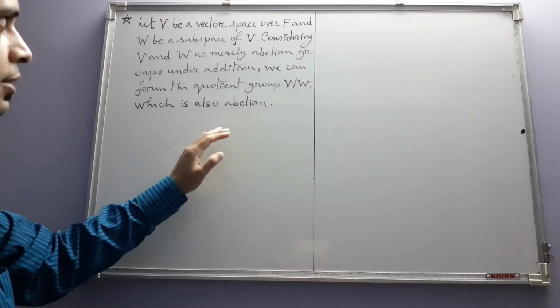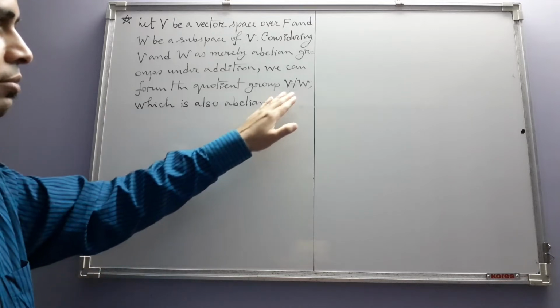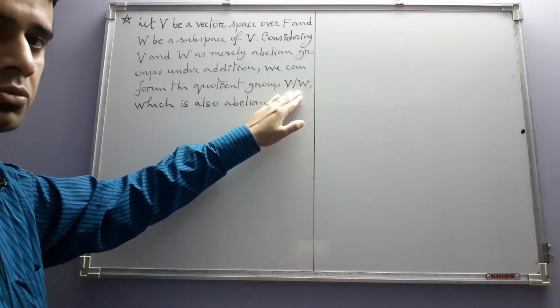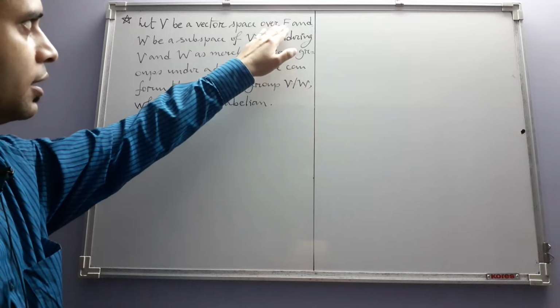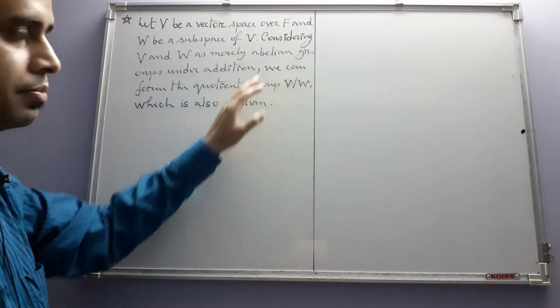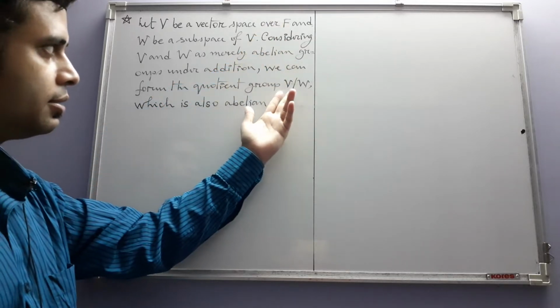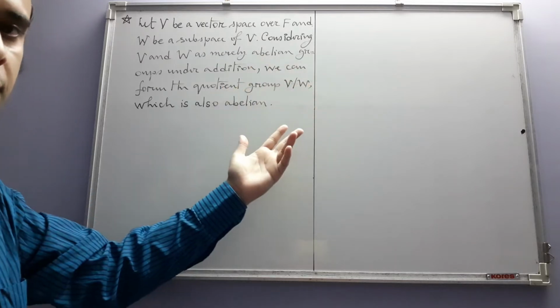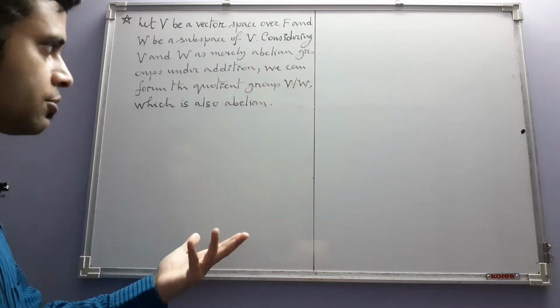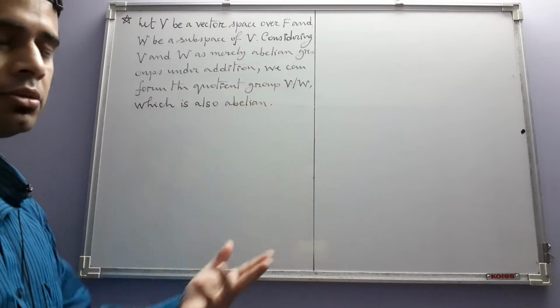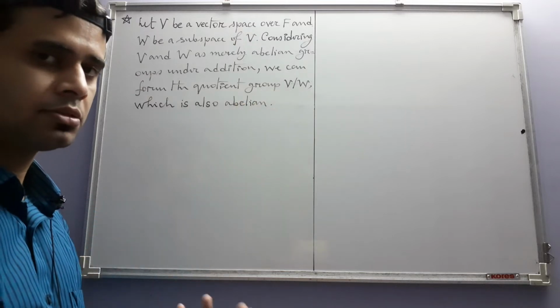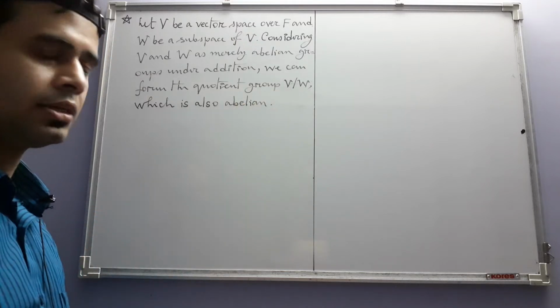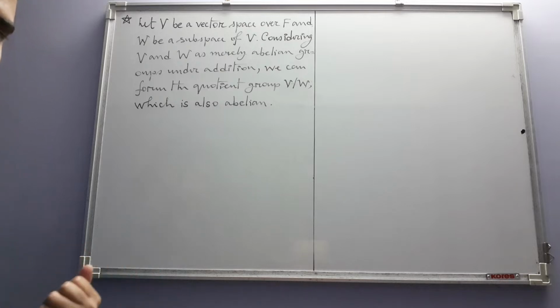That is, can we define an operation where we multiply an element from here by a field element from here, so that we again get an element here, and so that V by W is turned into a vector space over F? The answer is yes, we can, and that's what we are going to do now.